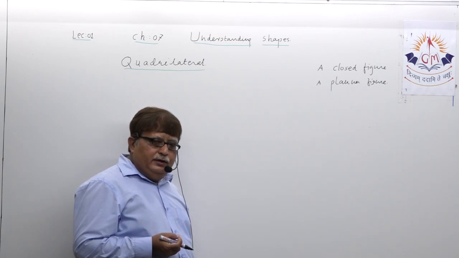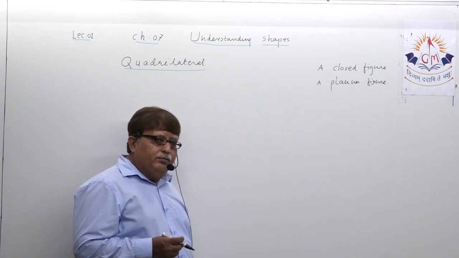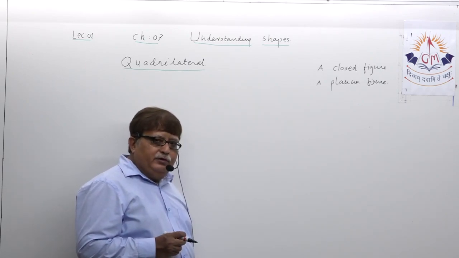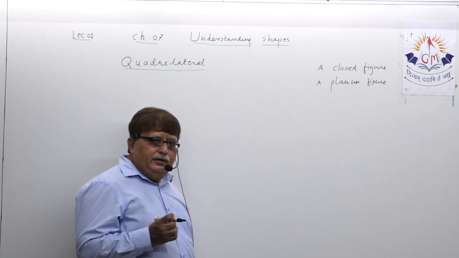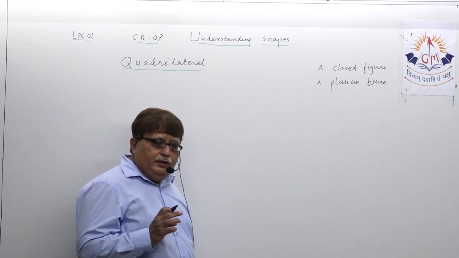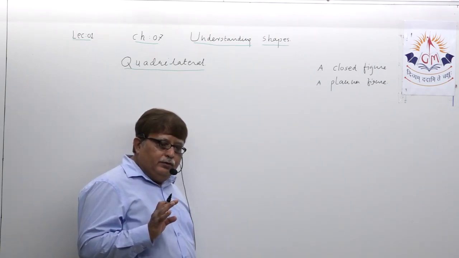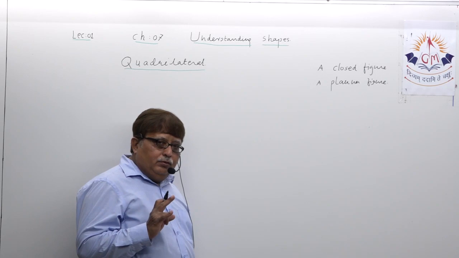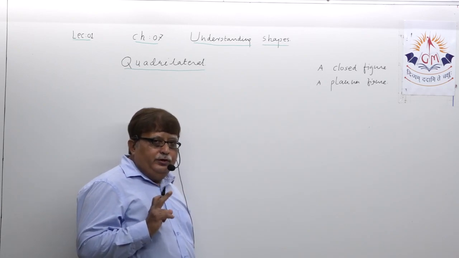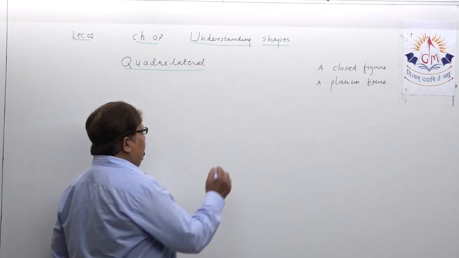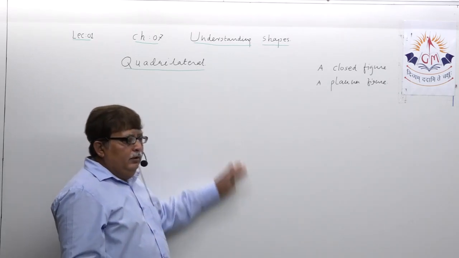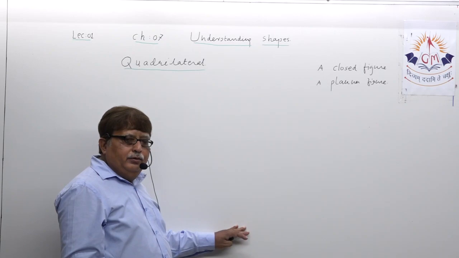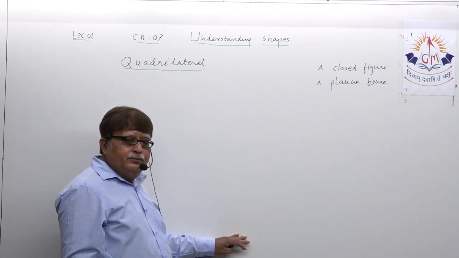How does a quadrilateral get formed? Because it is a planar figure, a quadrilateral is formed by four coplanar points. First try to understand. Suppose, dear students, you consider this board a plane.